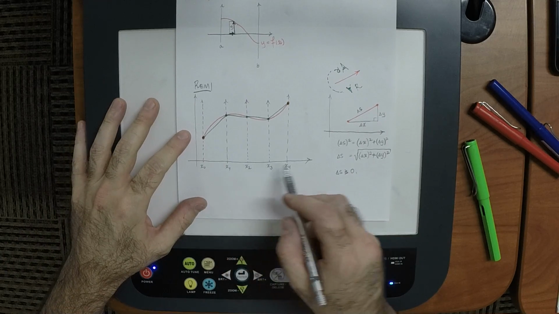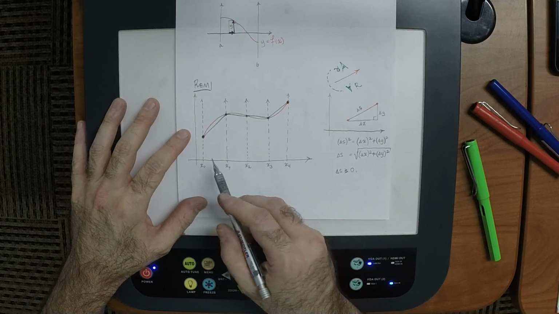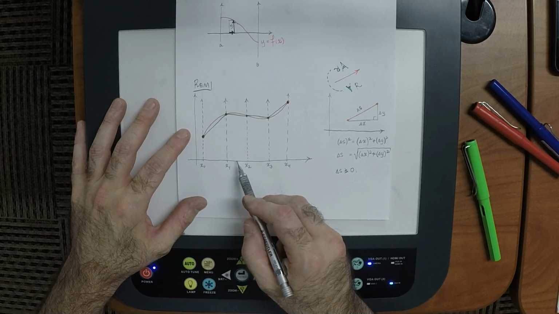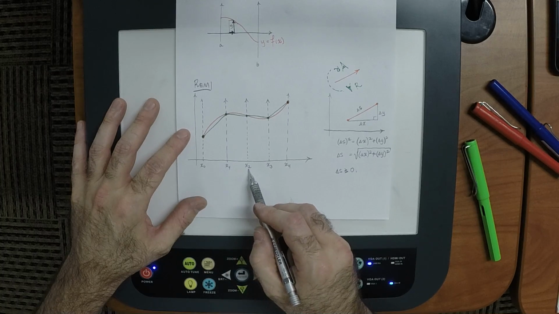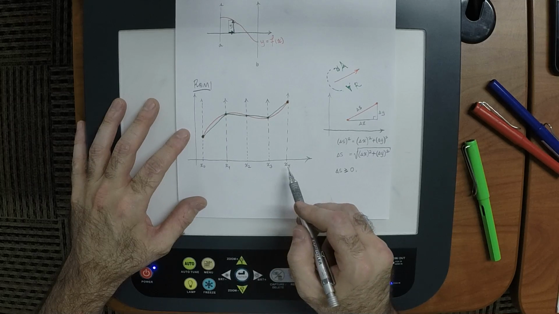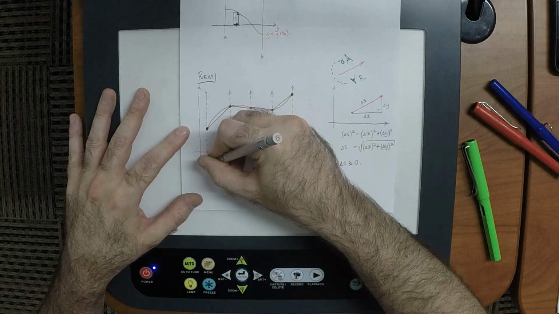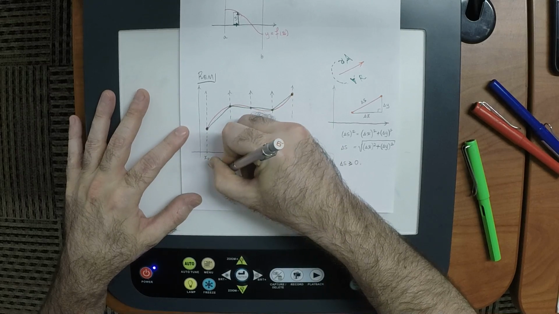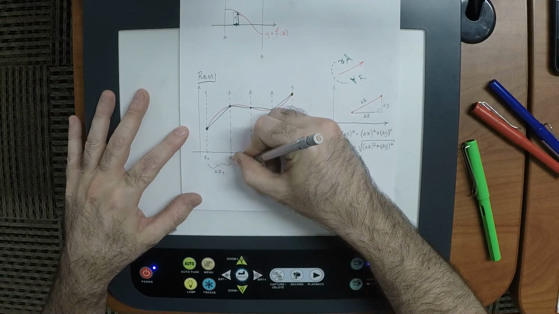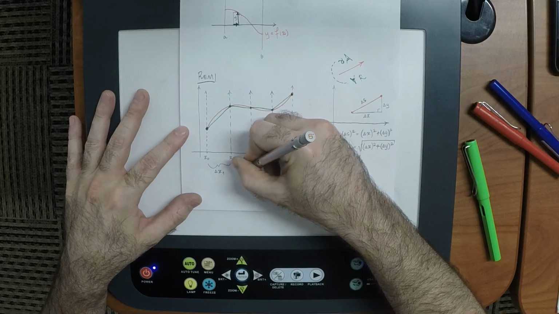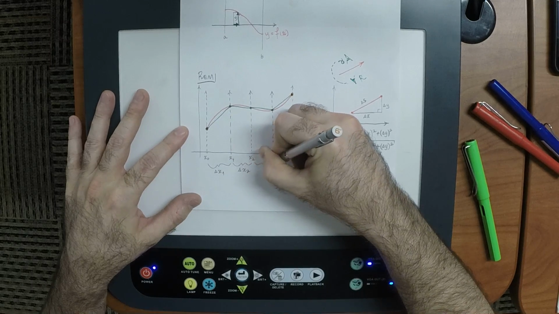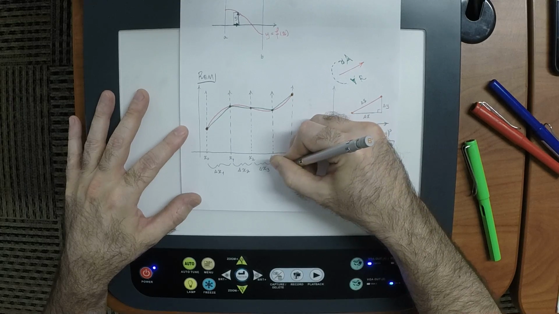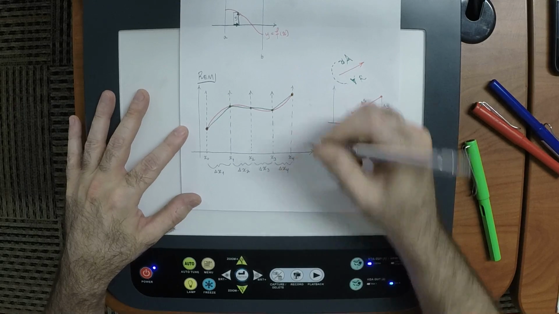So these intervals are going to be named after the right endpoint. So this is interval number 1, because its right endpoint is x1. Interval number 2, because its right endpoint is x2, 3, 4. These lengths I'm going to refer to as delta x1 because it's named after the right point. So delta x2, delta x3, delta x4.